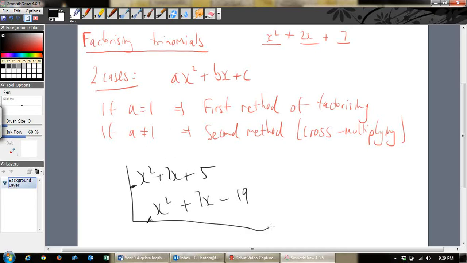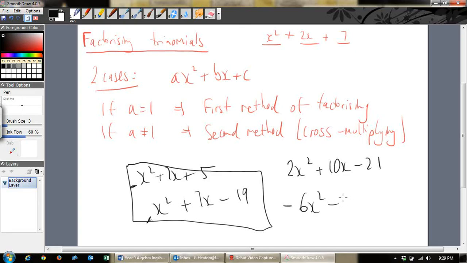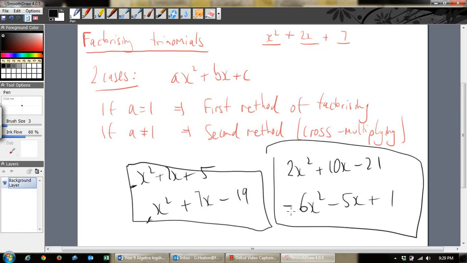So this is what the first method will look like. The second method will be if there is a number in front of that x squared, like negative 6x squared minus 5x plus 1. Can you see how there are numbers in front of the x squared there? That would be the second method.